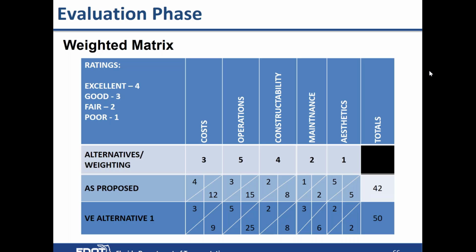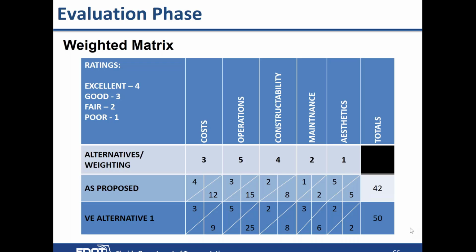Then the proposed design is evaluated against that criteria. And so they'll have the ratings as far as costs. So it was determined on this one that was a 4. And then the weight is multiplied by the rating to get an overall score.